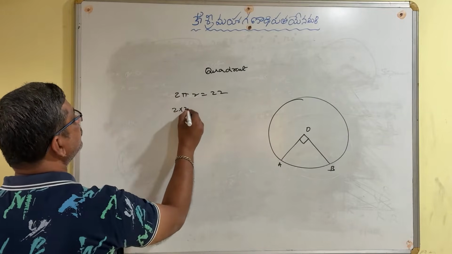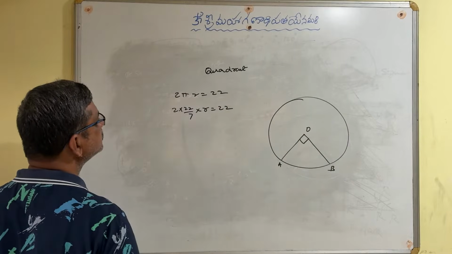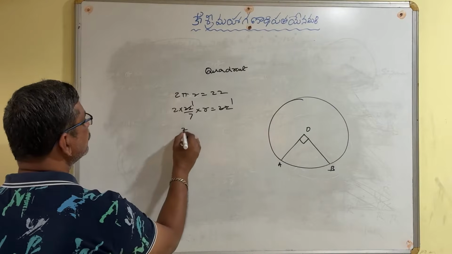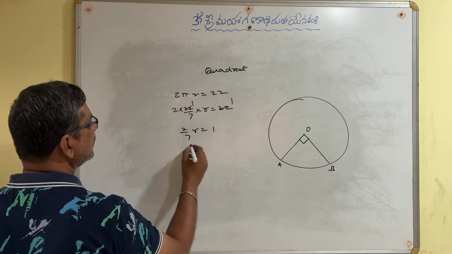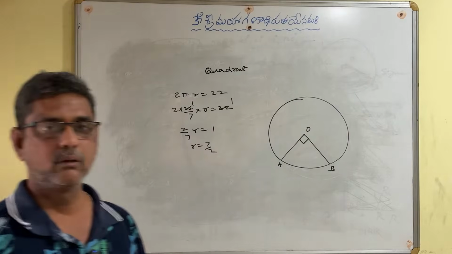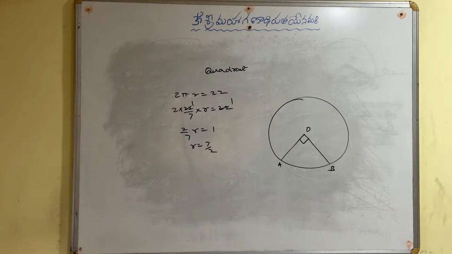So 2 into 22 by 7 into r is 22. 22 ones, 22 ones. So 2 by 7 r is 1. r is equal to 7 by 2. So the radius is 7 by 2.